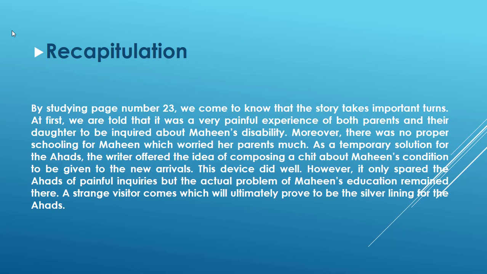As a temporary solution for the Ahads, the writer offered the idea of composing a chit about Maheen's condition to be given to the new arrivals. This device did well. However, it only spared the Ahads of painful inquiries, but the actual problem of Maheen's education remained there. A strange visitor comes, who will ultimately prove to be the silver lining for the Ahads.